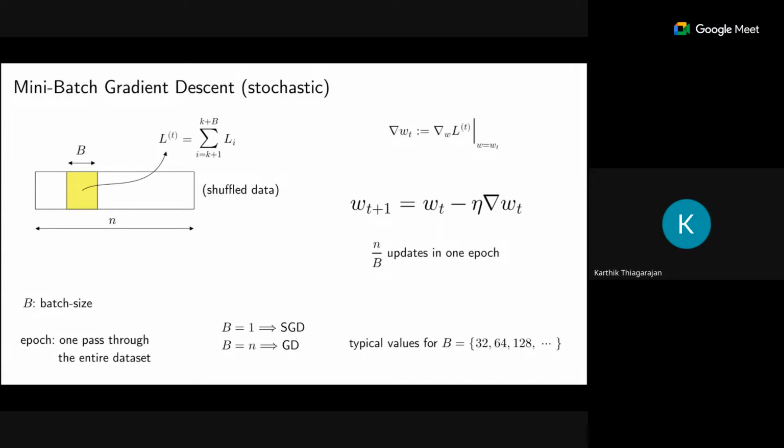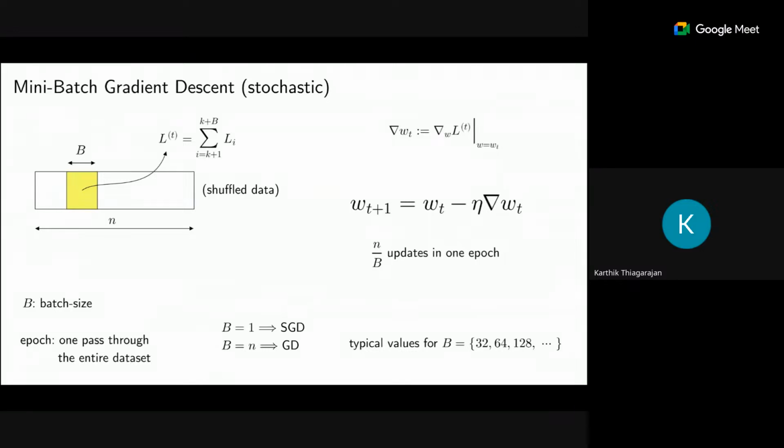So you have the entire spectrum. If B is equal to 1, that's typically called stochastic gradient descent. Stochastic gradient descent is sometimes used interchangeably with mini batch gradient descent. Originally what they meant by SGD was you process one example at a time. That's the extreme case of mini batch gradient descent, where you compute the loss on just one data point, and then you update the weight vector using the gradient of that particular data point.